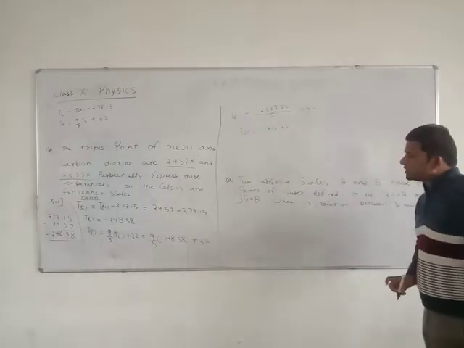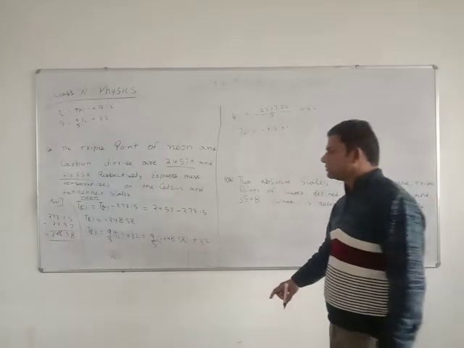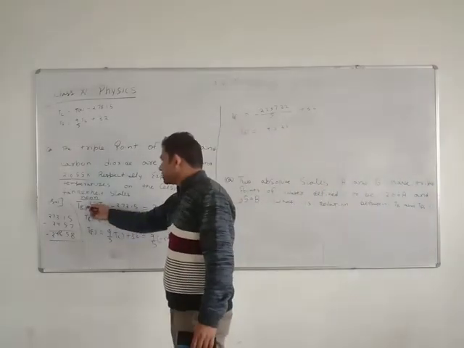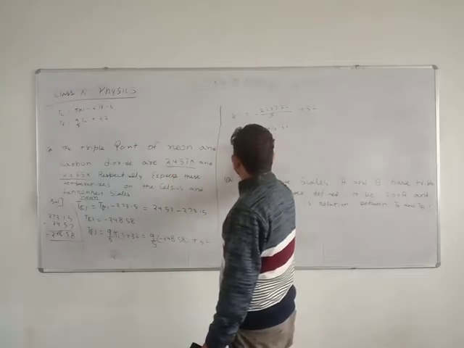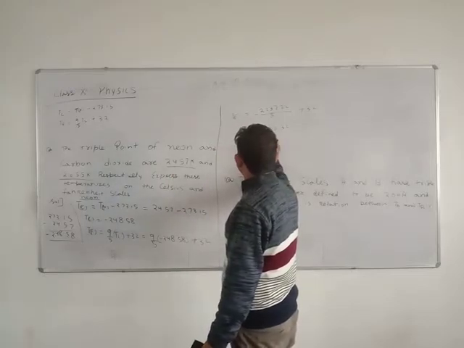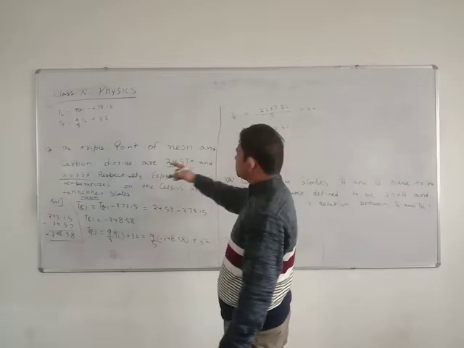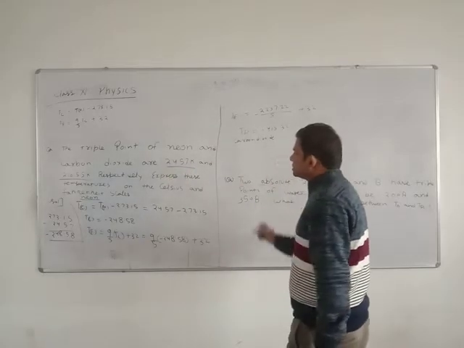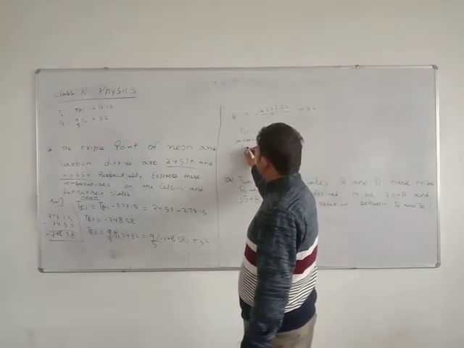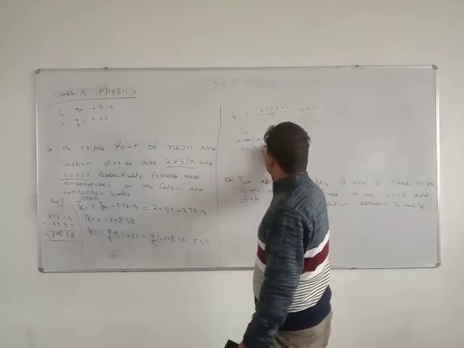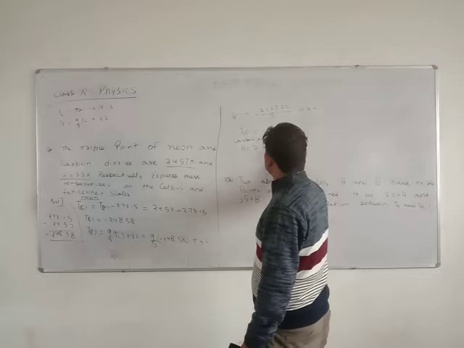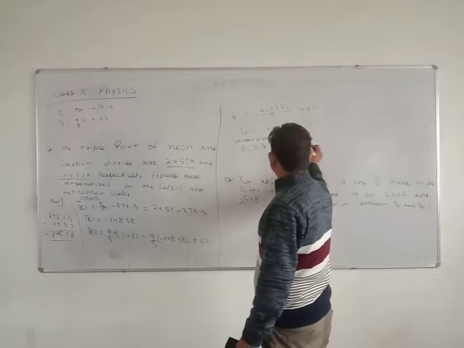This is the exercise for neon, and the next exercise is for carbon dioxide. To find it in Celsius, Tc equals Tk minus 273.15.